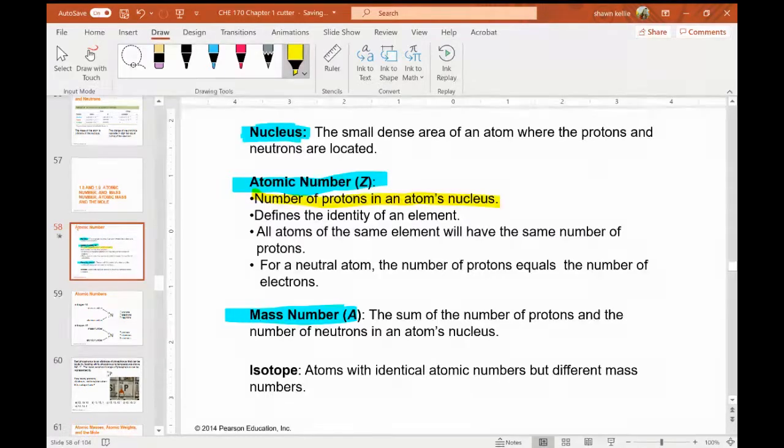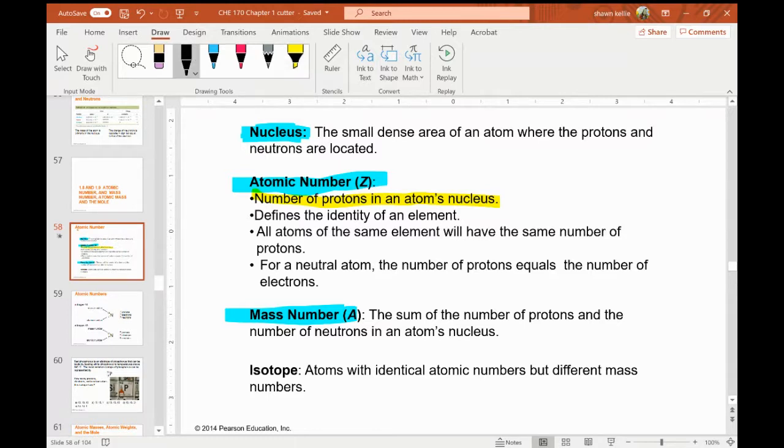The atomic number, and the atomic number alone, defines the identity of an atom. The number of neutrons is irrelevant. The number of electrons is irrelevant. The only thing that matters to the identity of an element is the number of protons.